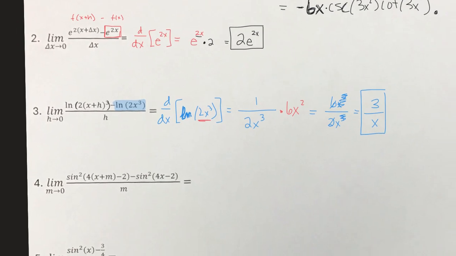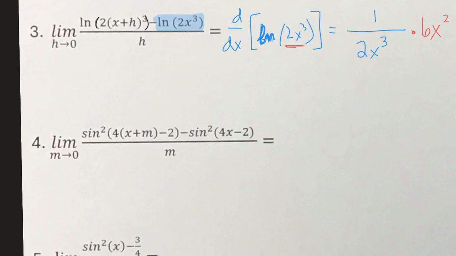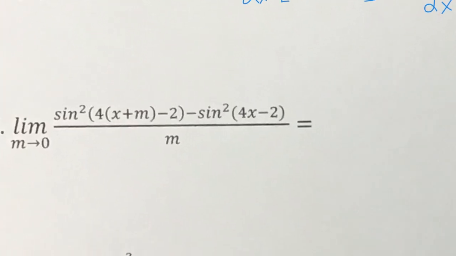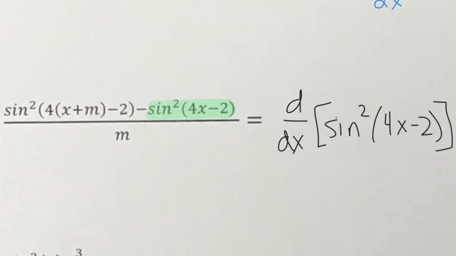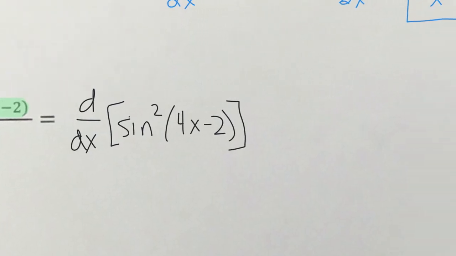Okay? So recognize what you are being asked to do. Number 4. What is our function? Sine squared of 4x minus 2. So we're taking the derivative of sine squared of 4x minus 2. So this one is definitely a chain rule problem.